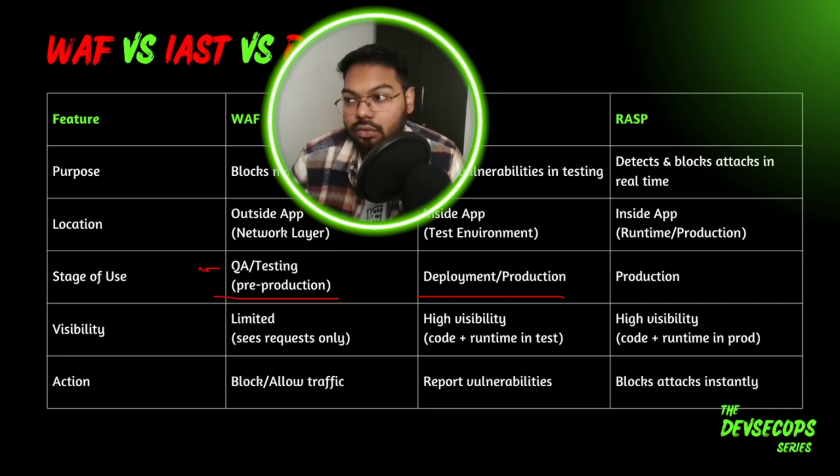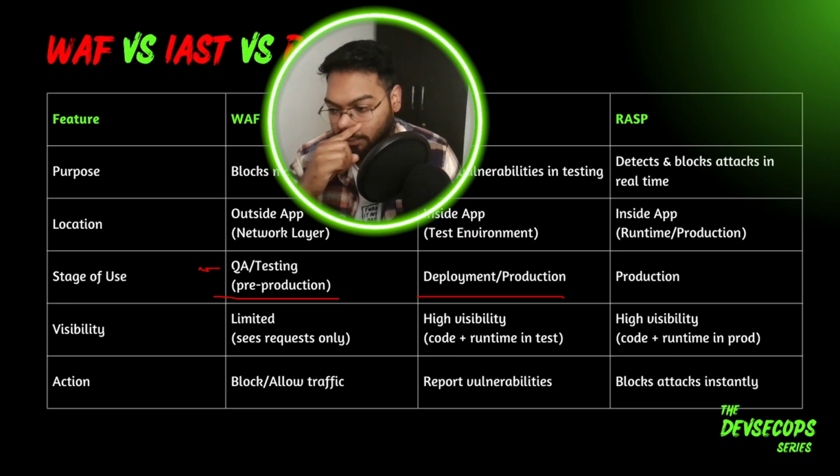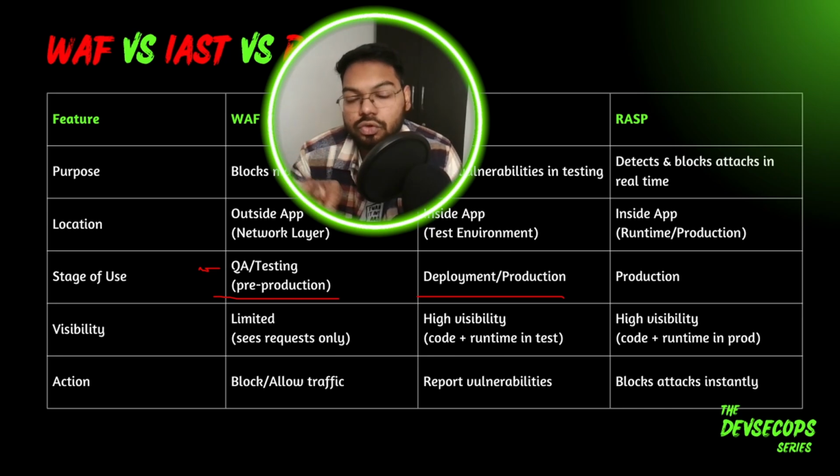Earlier I mentioned that you would not deploy IAST on production if you also adopt RASP. So IAST is fine for QA and test environments if you go with a RASP solution. Otherwise, if you don't go with a RASP solution, you can have it on the production environment as well. So that is a catch.